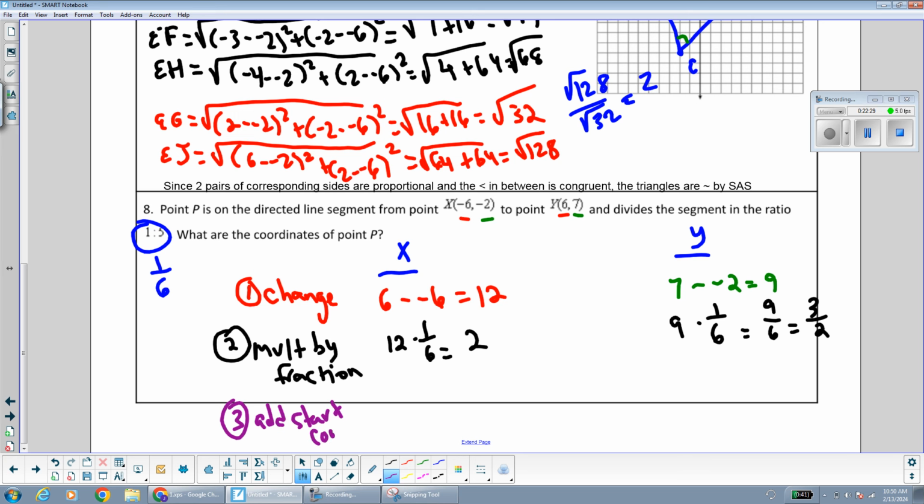So that means from your starting point to this 2, I'm going to add the starting x coordinate because I'm working with the x coordinates here, and that would be -4.